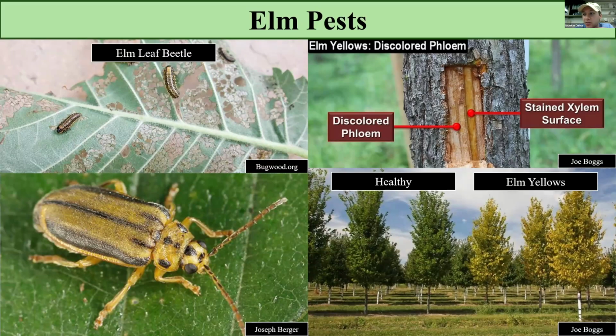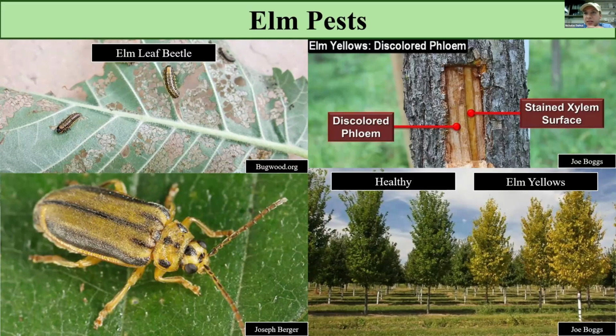There's also elm yellows, which is a disease that was first detected in the late 1800s. It's a slow moving pest, it doesn't really move around very often, but it does eventually make its way around.